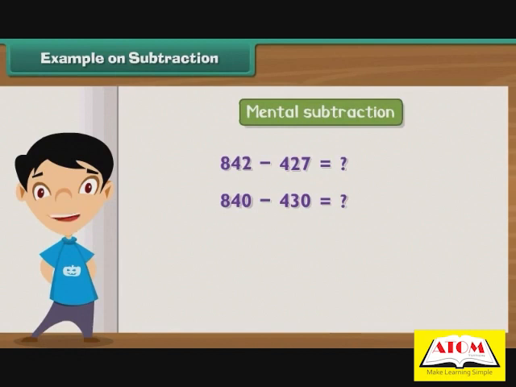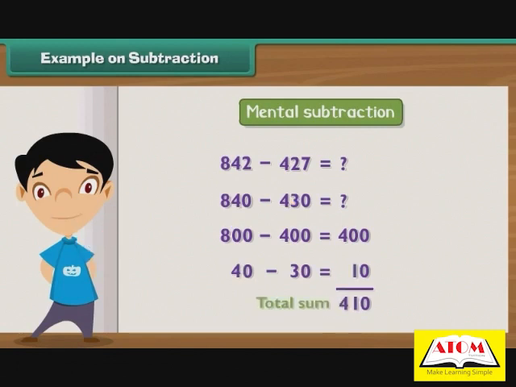To subtract 430 from 840. First, subtract 400 from 800 to get 400. Then subtract 30 from 40 to get 10. Therefore, the difference between 840 and 430 is 410. But we subtracted an additional 3 when we subtracted 430 instead of 427.